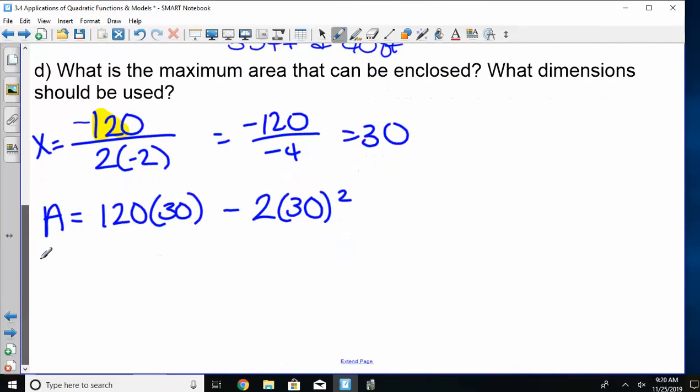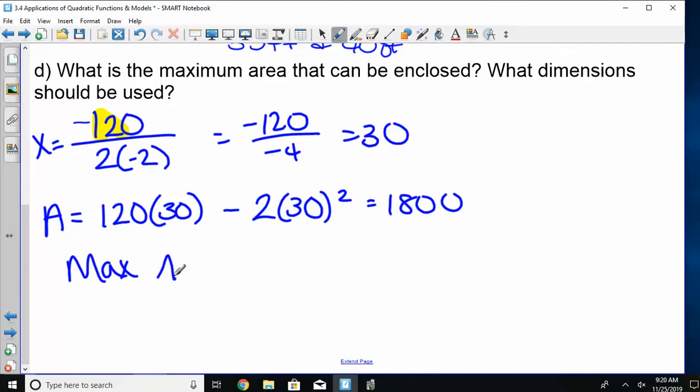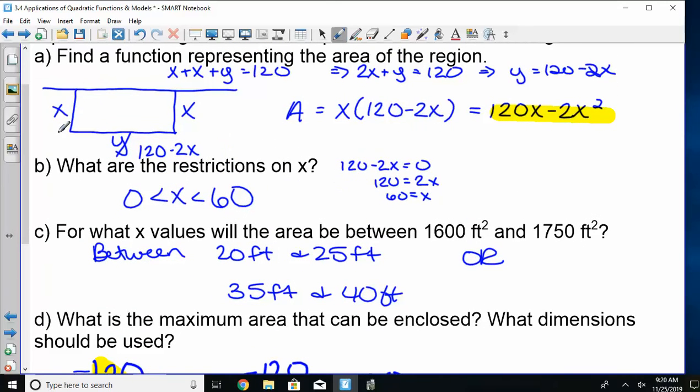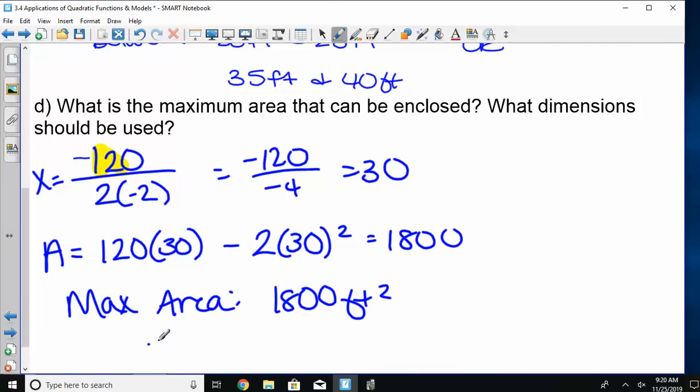So if I put that into my equation, I get 1,800. So the maximum area, that would be the y, that's the 1,800 square feet. The dimensions, that's talking about the length and width, so that would be my x, which was 30 feet.